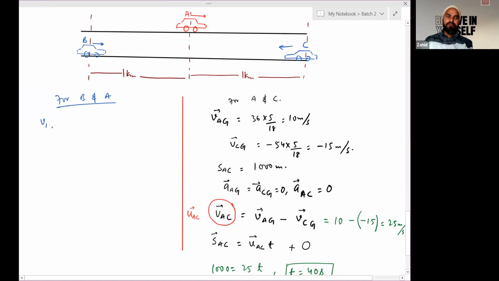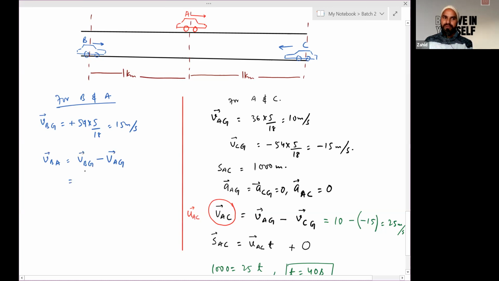Velocity of B with respect to ground is along east, so it will be positive. 54 into 5 by 18, so it will be 15 meter per second. So relative velocity of B with respect to A equals velocity of B with respect to ground minus velocity of A with respect to ground, both having the same reference, so there will be a negative in between.